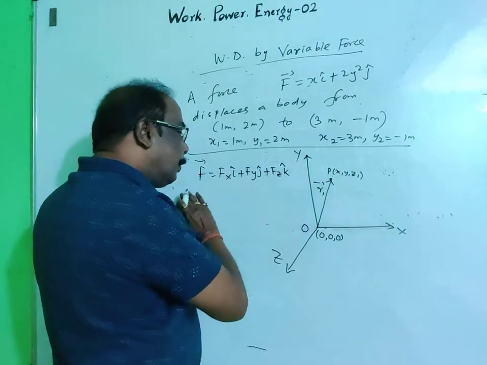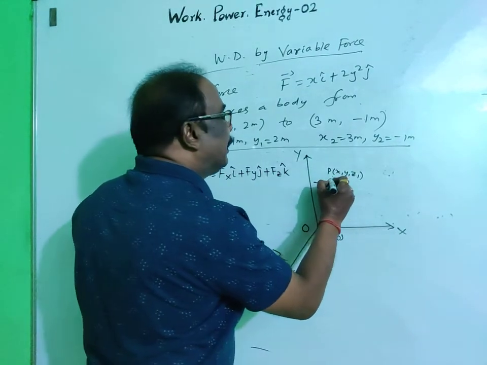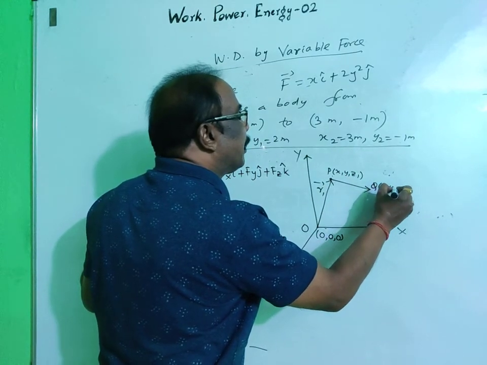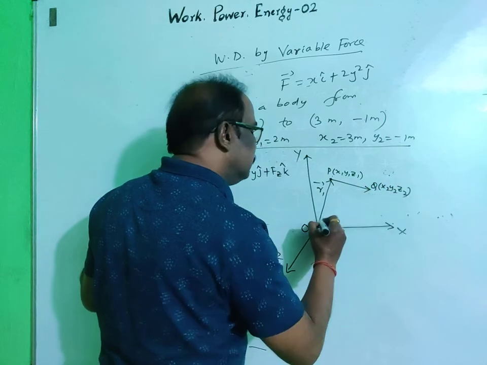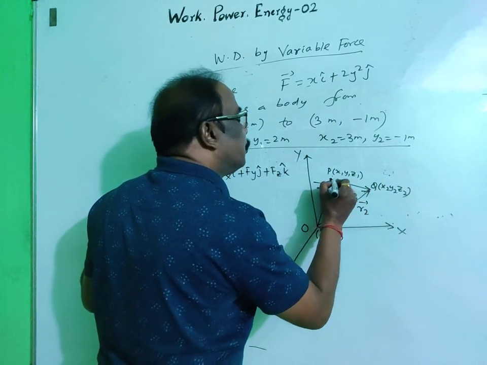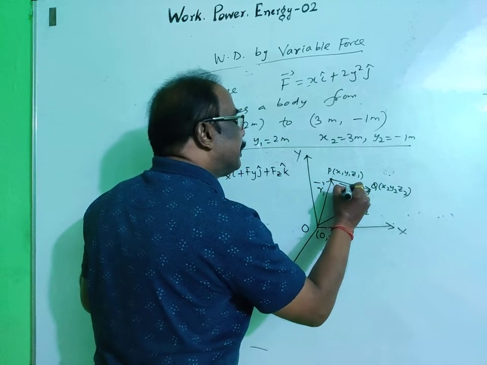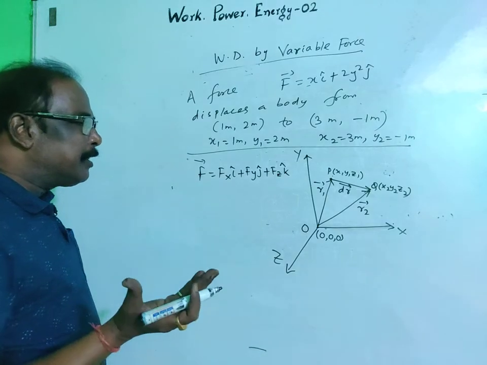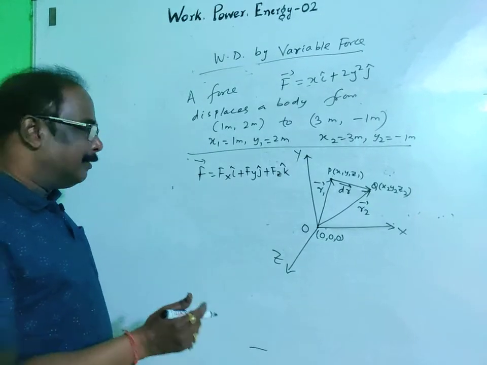So, force is acting on the particle and the particle is displaced to a new position Q. Coordinates of Q are x2, y2, z2, and the position vector of point Q is r2. So, PQ is a displacement. Let's take it as dr. The expression of dr is very easy.